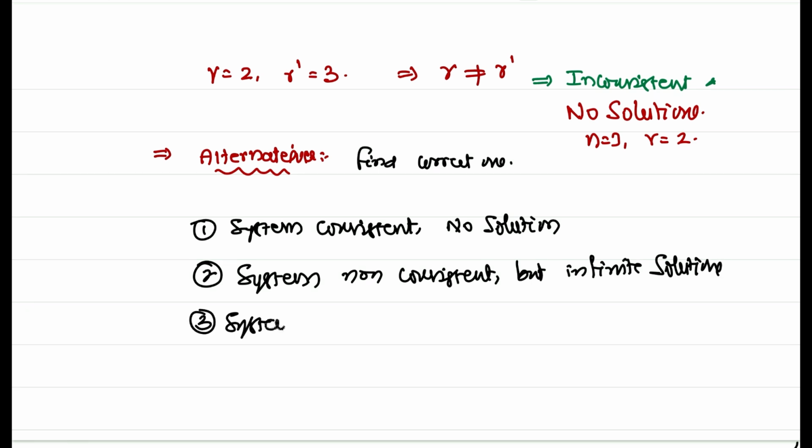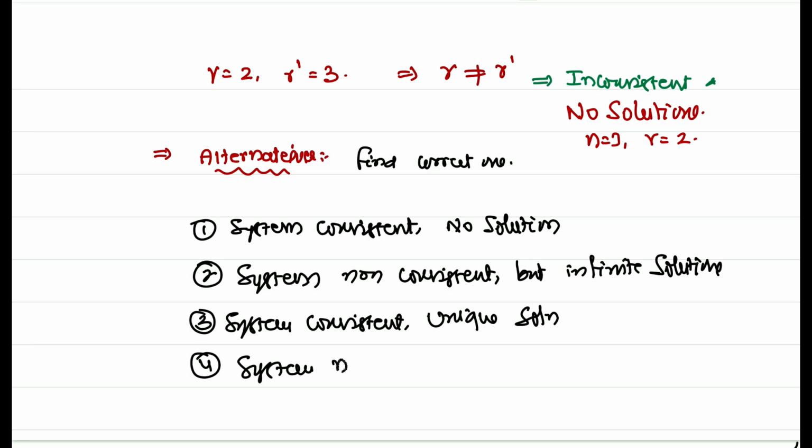System consistent with unique solution. 4. System non-consistent with no solution.